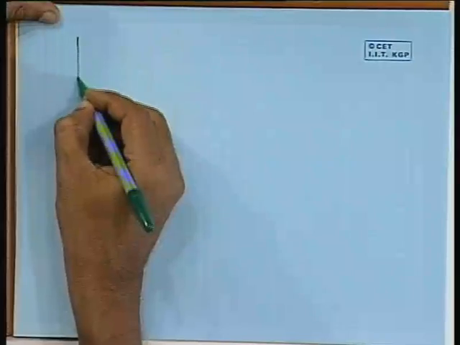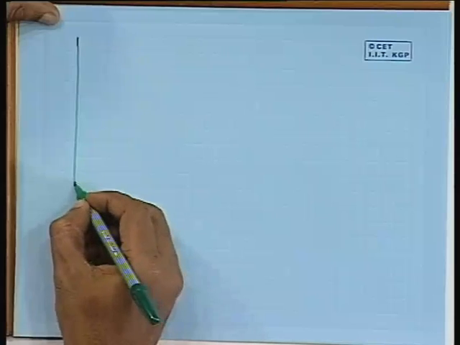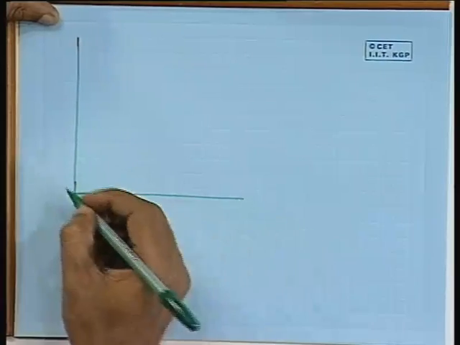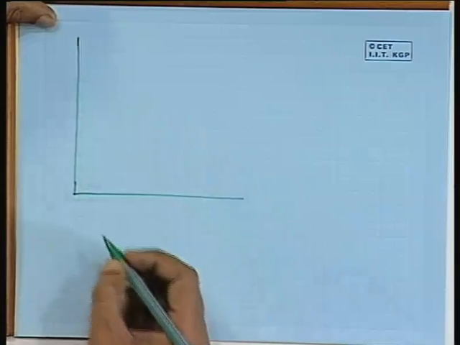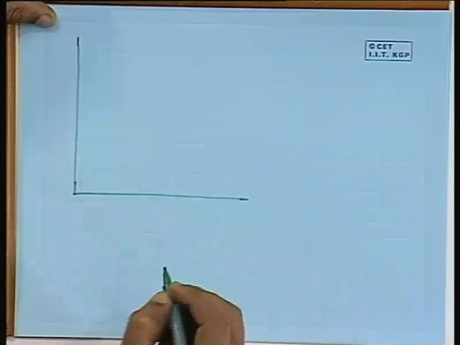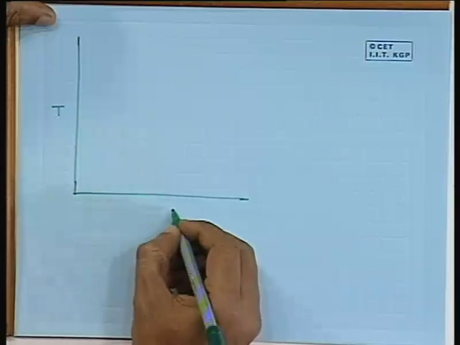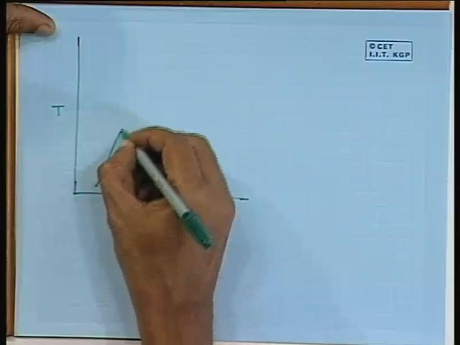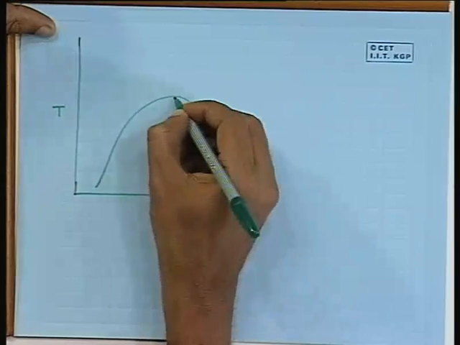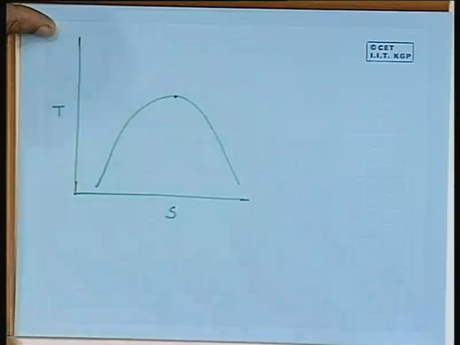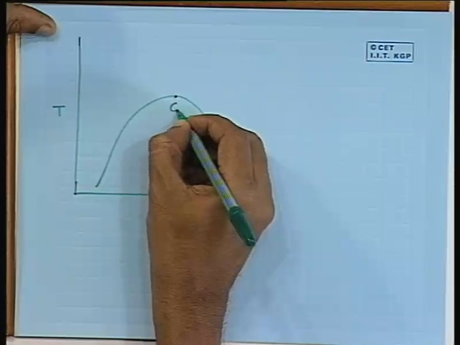If we again see the property of pure substance, and any standard thermodynamic diagram, like the TS diagram, let us say the TS diagram, we have got the critical point here. This is C or critical point.